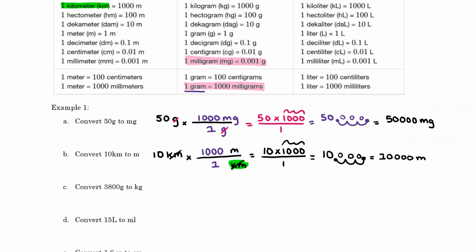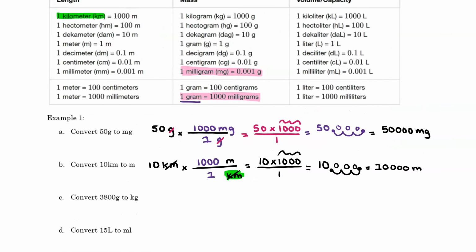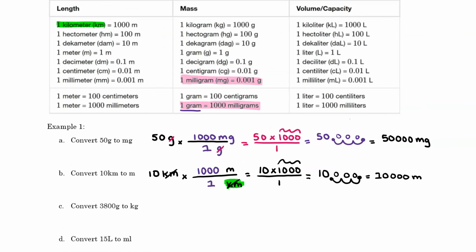Let's try another one. Convert 3,800 grams to kilograms. So I'm starting with 3,800 grams, and I need to change from grams to kilograms.